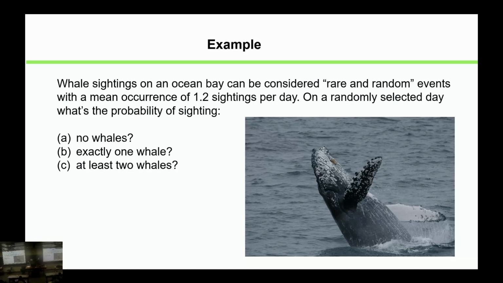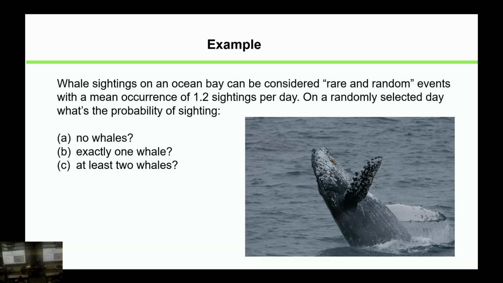But we can work through a pretty quick example. How many have been whale watching? Did you see whales? Has anybody ever gone whale watching and missed seeing the whales? Okay, so whale watching tours are very good at making sure they go to spots where you really are seeing whales, but we can imagine that there's some ocean bay where whales get seen relatively infrequently.